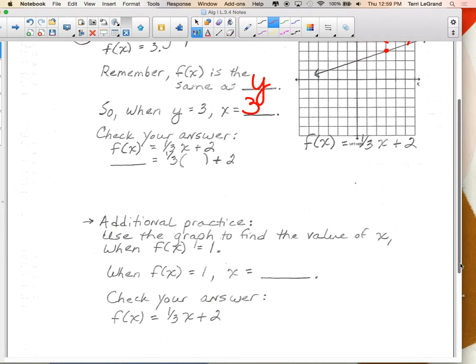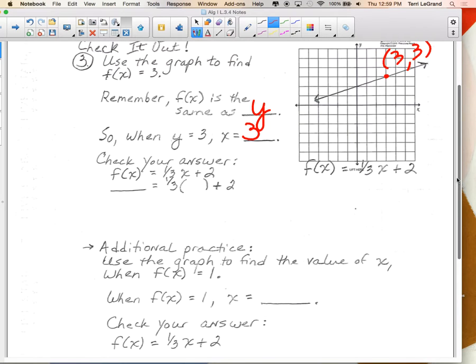Okay, now it says we're going to check our answer. So we are going to take both our x value and our y value, and we're going to substitute them into our function. So f of x is 3. X is 3 in this one also. Well, 3 is 3.